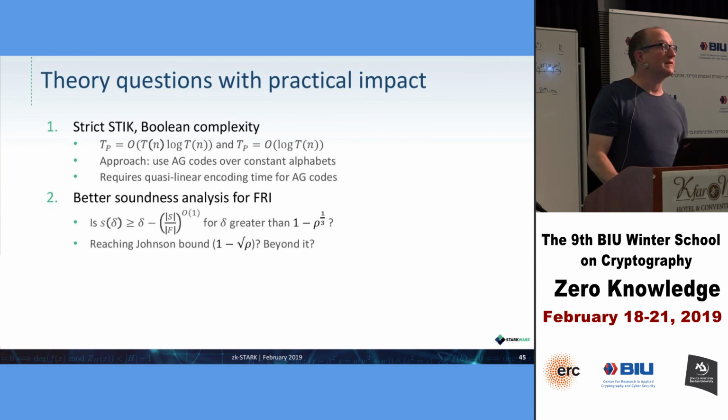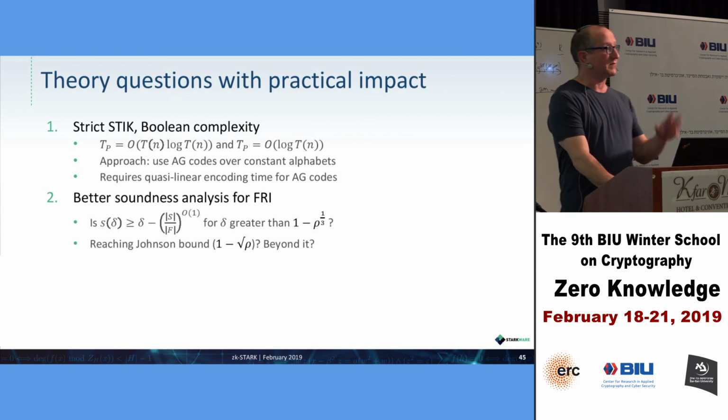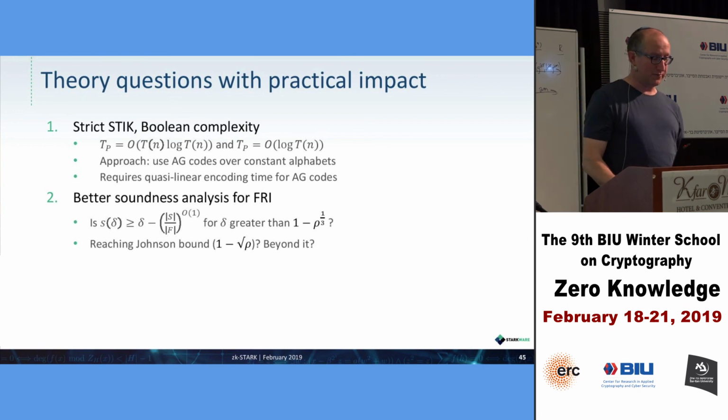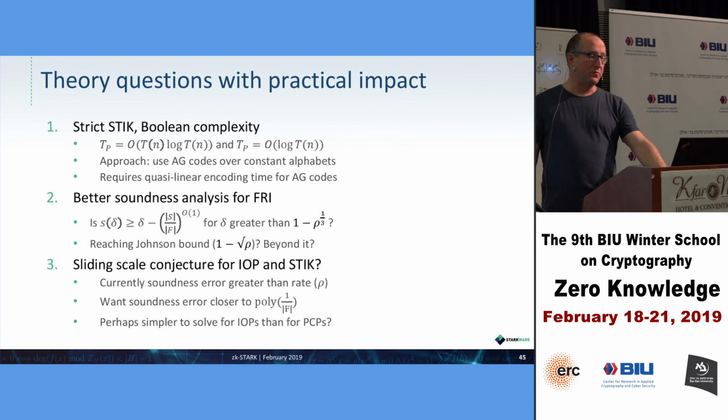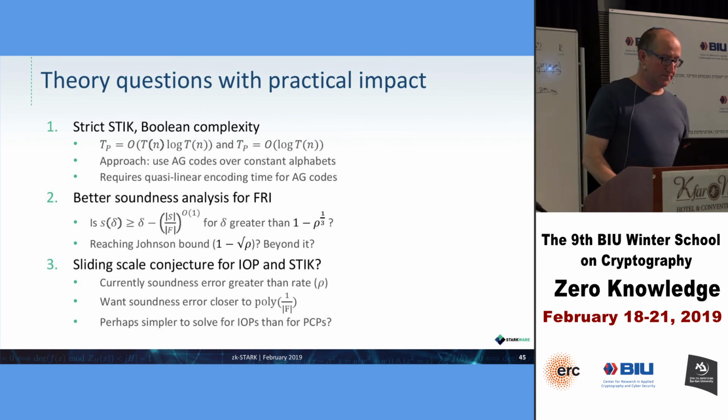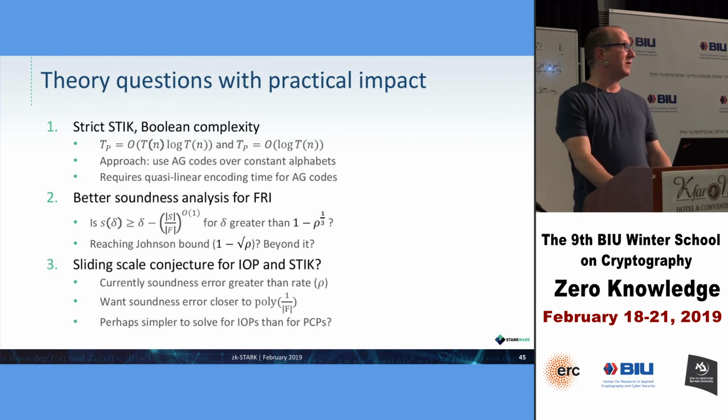Can you get better soundness analysis for FRI? This will be the topic of the very last talk, and we have some exciting improvements that I want to share with you there. And the last one is that of improving soundness even below what's called the sliding scale conjecture for IOPs and STIKs. Currently, the soundness error bound is always at least the rate of the Reed-Solomon codes that we operate with.